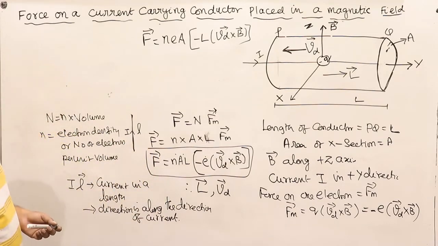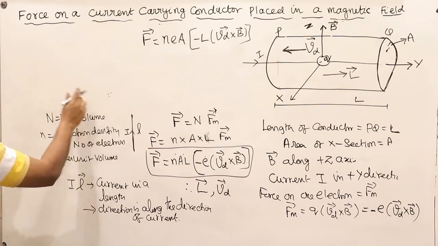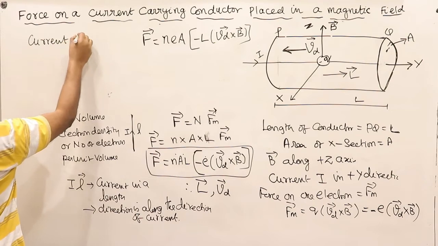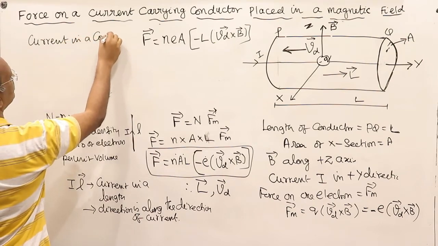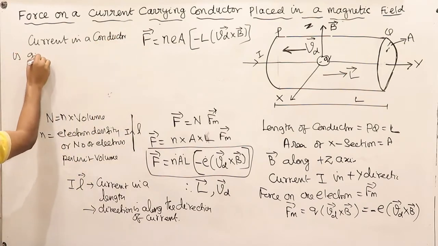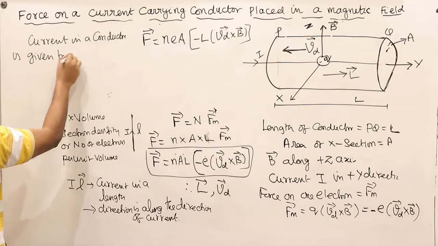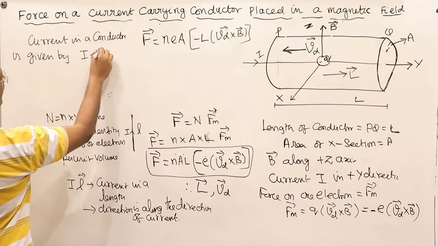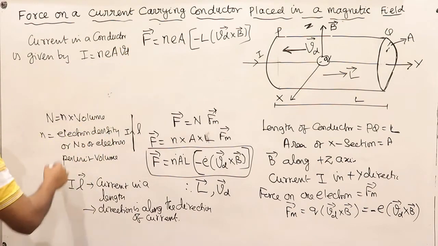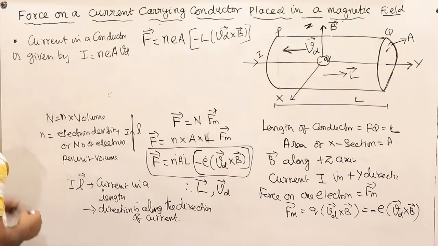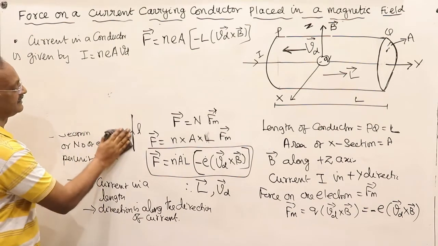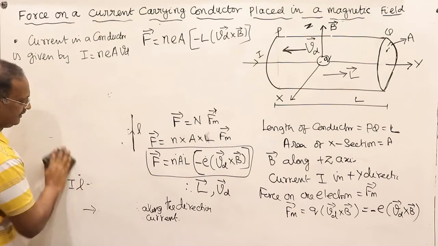Okay, so this is NEA. See, the current in a conductor is given by I is equal to N E A into drift velocity. This we have derived in the current electricity chapter.